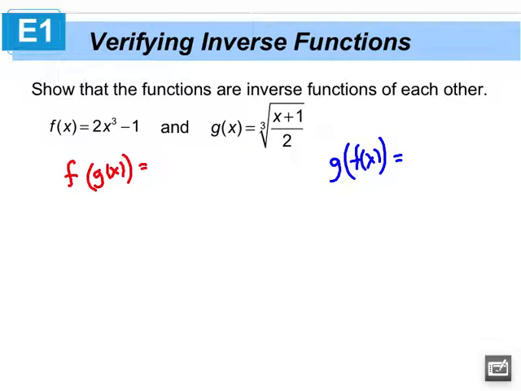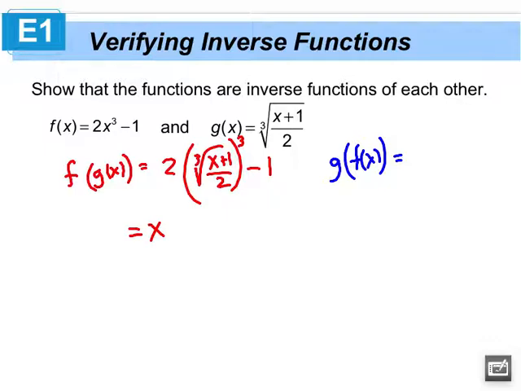So I'm going to put g into f, which means 2 times the cubic root of x plus 1 divided by 2, quantity cubed, minus 1. Excuse me. And I think you can all see, you're very bright mathematically. You cube a cubic root, it cancels. Multiply by 2, divide by 2 cancels. 1 minus 1 is 0, and sure enough, kablam, x.